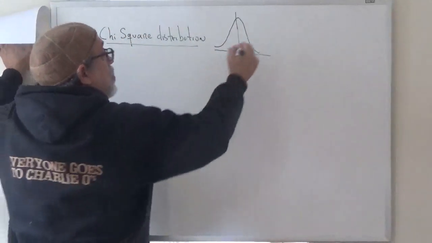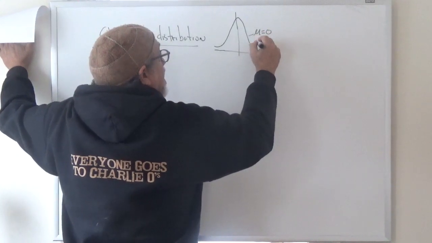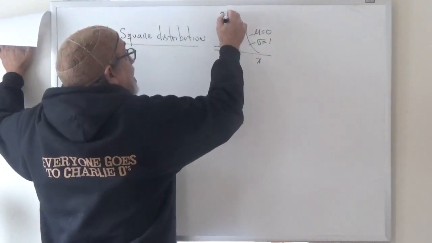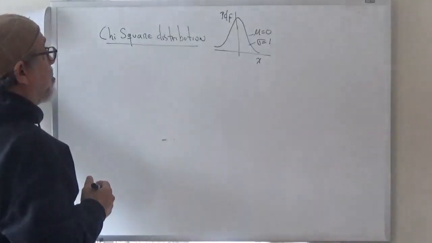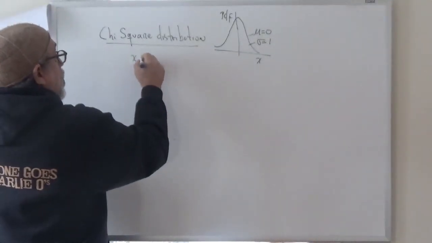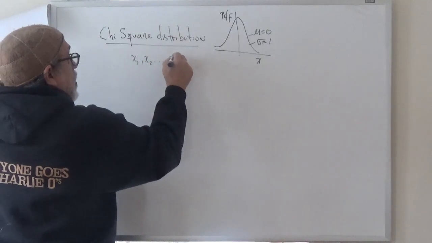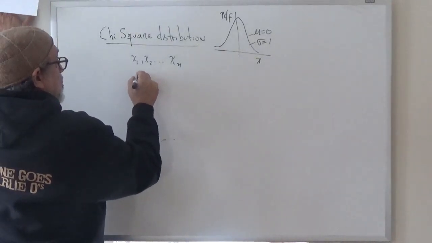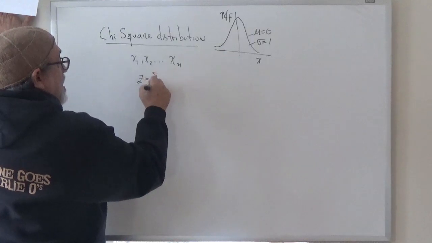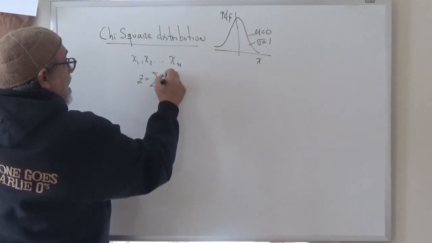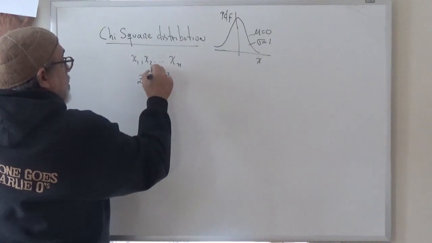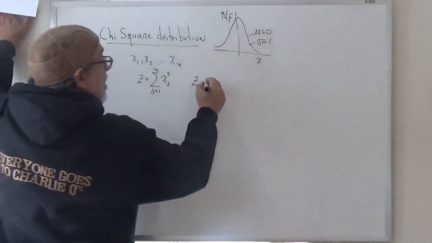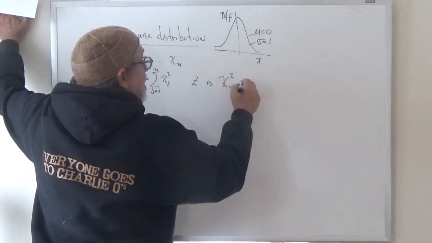If we have a Gaussian distribution where the mean is 0 and the standard deviation is 1, and this is x, and this is the PDF, and we sample that distribution and we obtain x1, x2, etc., up to xn, where n is a large number, and we calculate z to be the summation of xj squared from j equals 1 to n, then z for large n is chi-squared distributed.